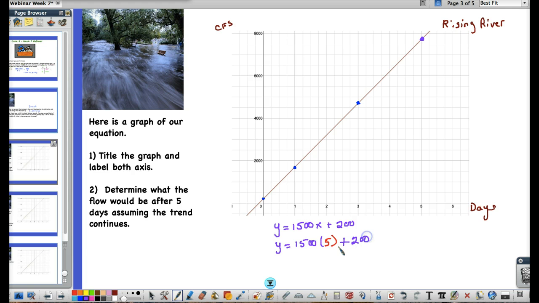So 1500 times 5 is 7500, plus 200 is 7700. That is what our y would be after 5 days, assuming that it kept raining. So thank goodness it stopped, actually.